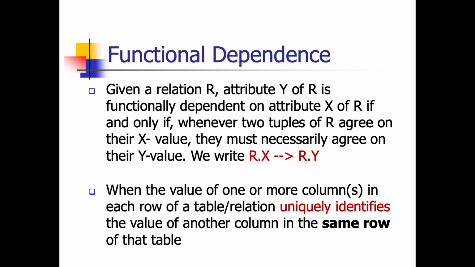Course name depends on only course ID, which is part of the primary key, so those are partial dependencies.